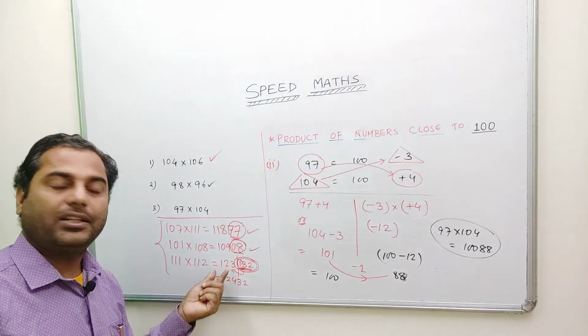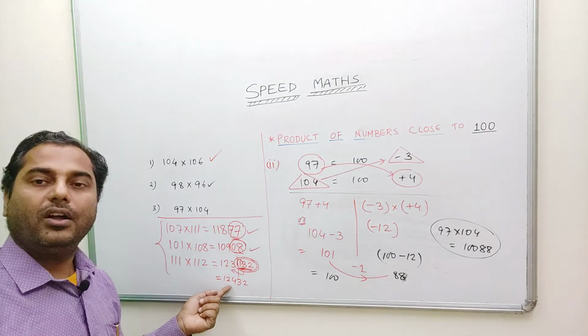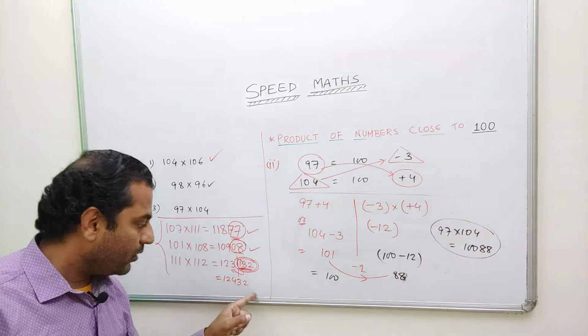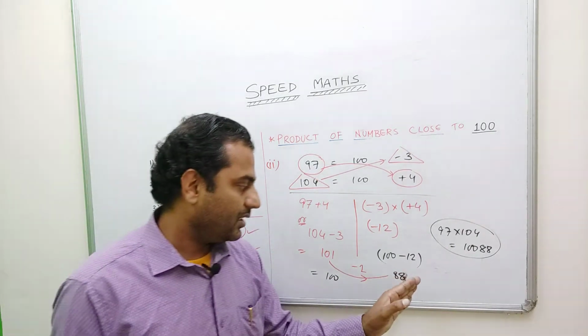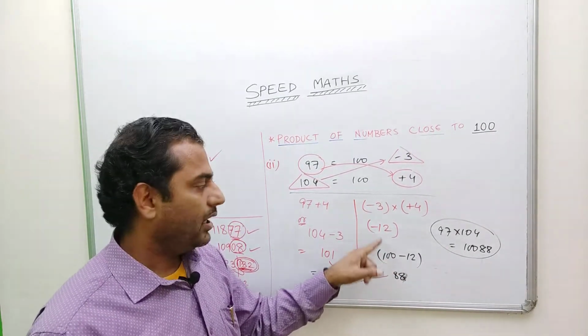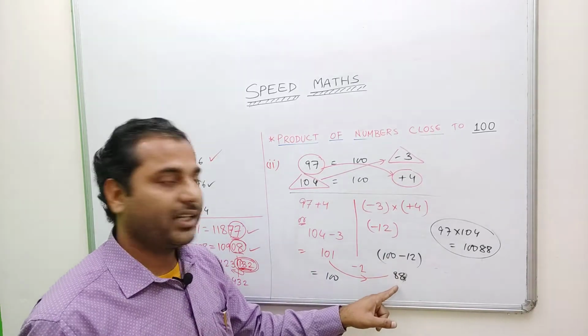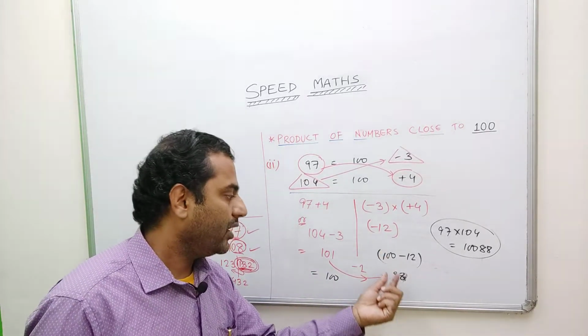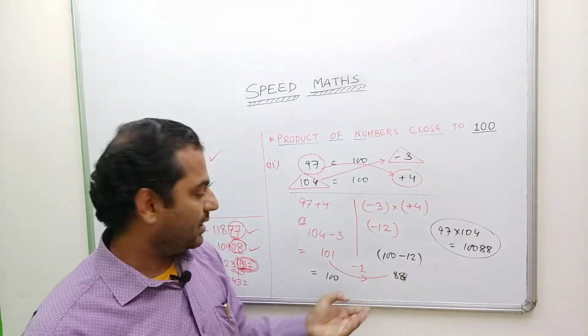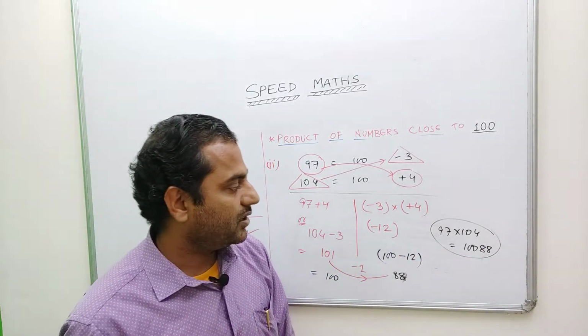At the 100 place it will be 123 plus 1, 124, because we are borrowing 1 from the 100 place. On the right hand side it will be 100 minus 12, which makes it 88, a desired 2-digit number for the right hand side. The final answer is 10088.